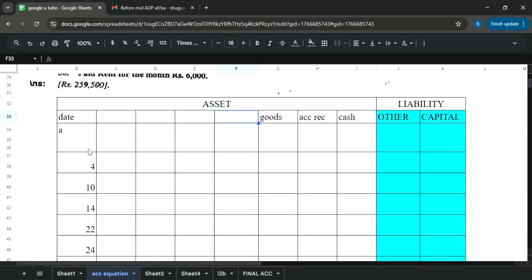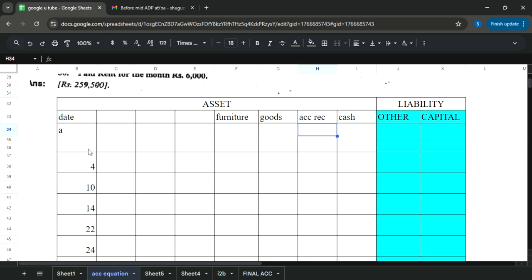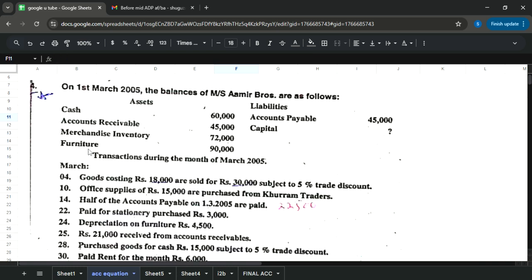Just put the amount of furniture. Now we will put the amounts 60, 45, 72, 90. 60,000 is your first amount, then we have 45, then 72, and finally we have 90,000 worth of furniture. 60, 45, 72, 90.